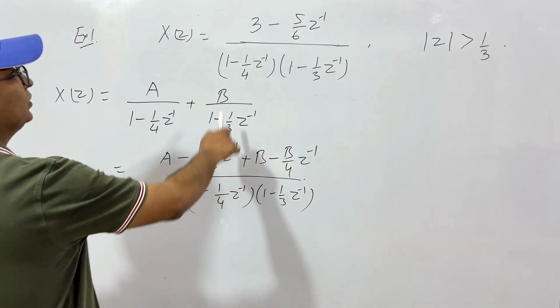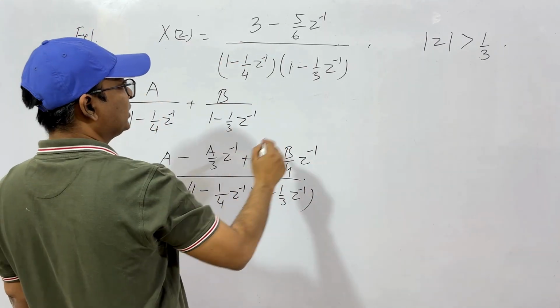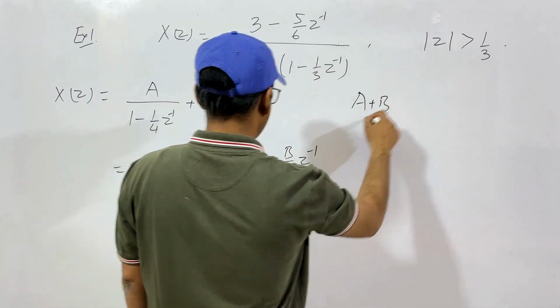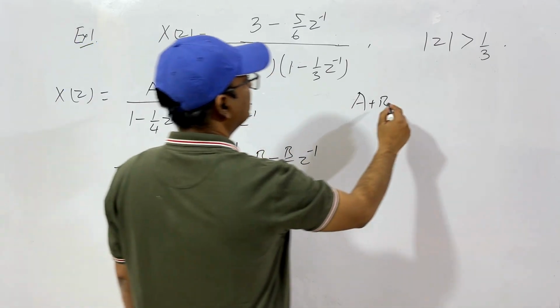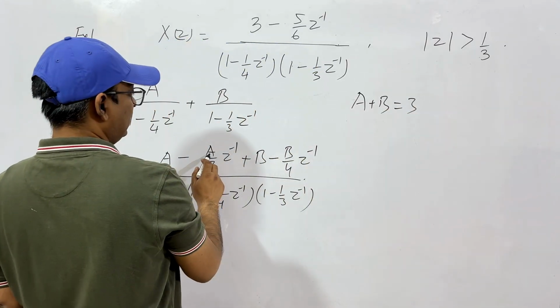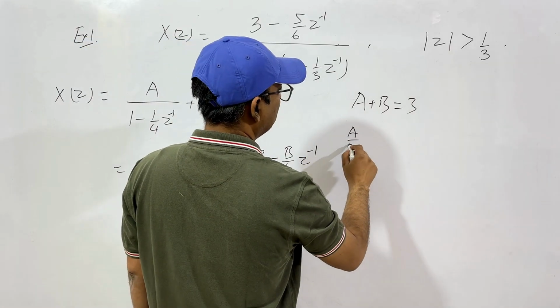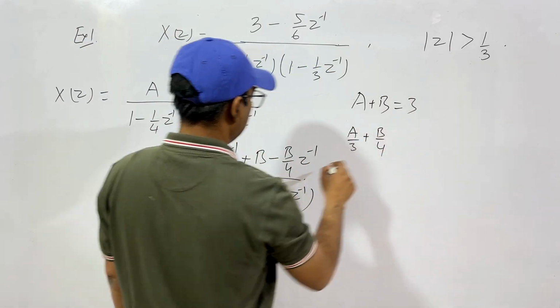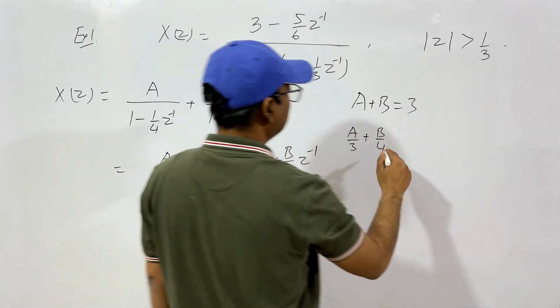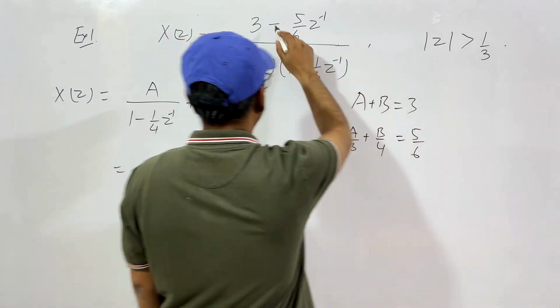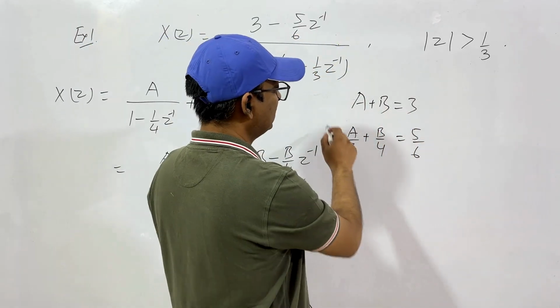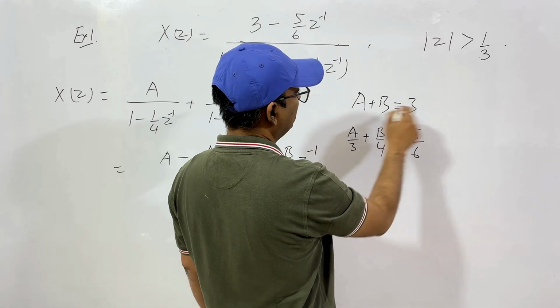Comparing it with this, A plus B is 3, and A by 3 plus B by 4 is 5 by 6, and this is also in minus. So let's solve this. Let's divide throughout by 3.